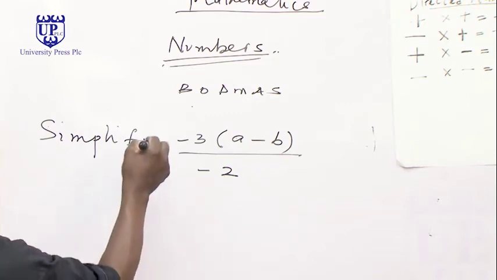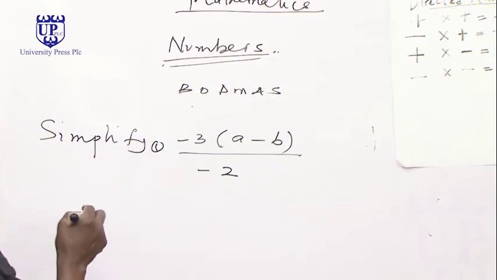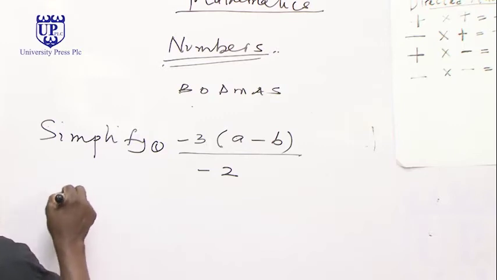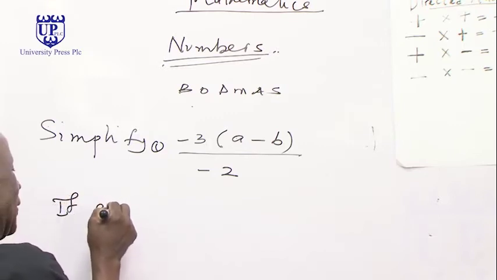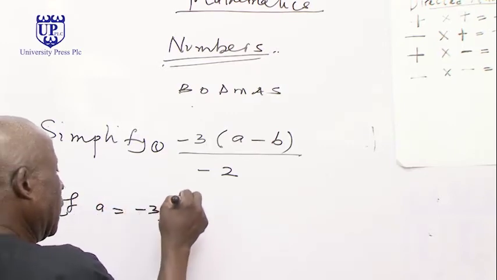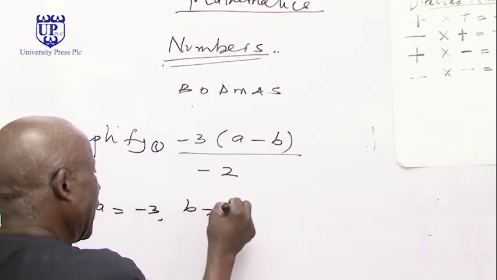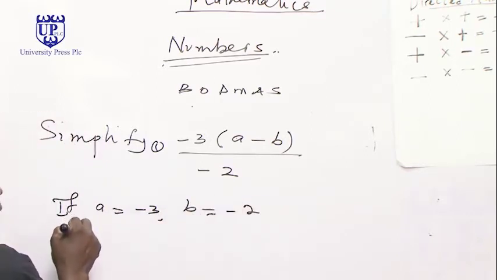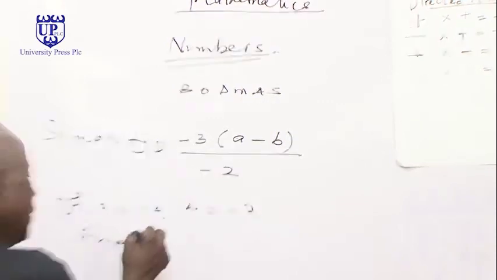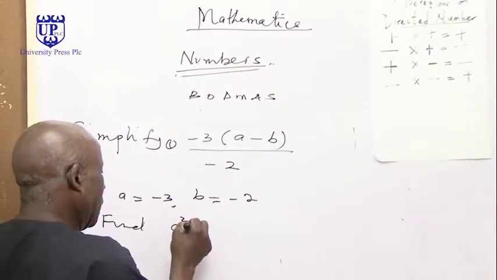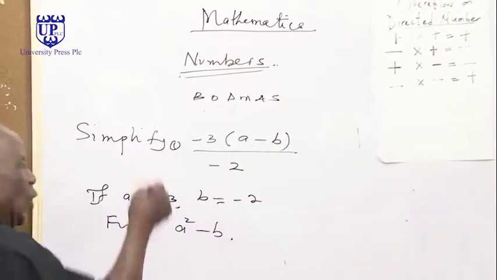Another question says, if A is minus 3, B is minus 2, find A squared minus B. We look at the two.